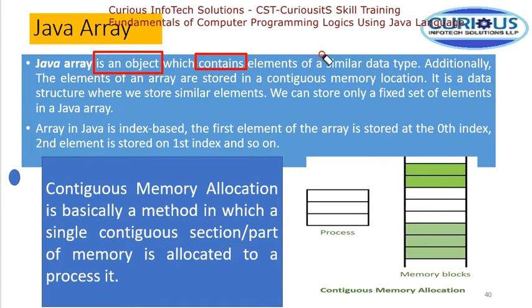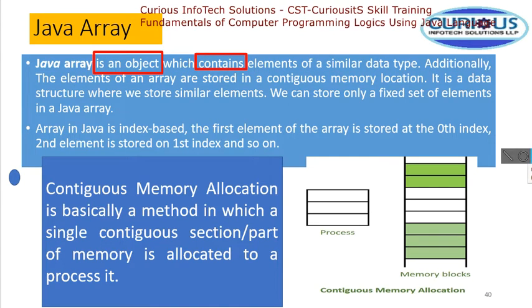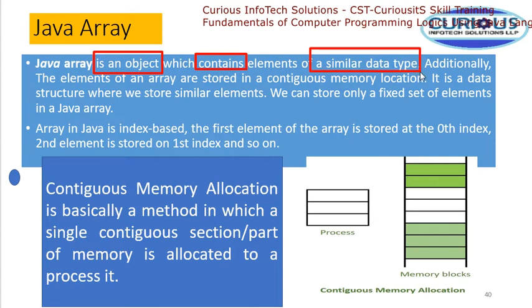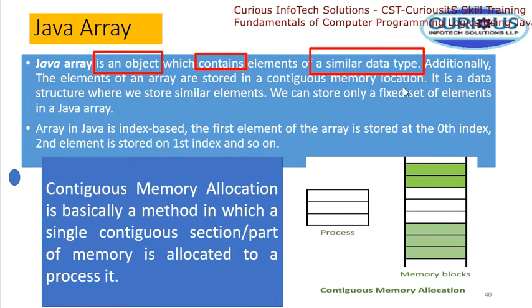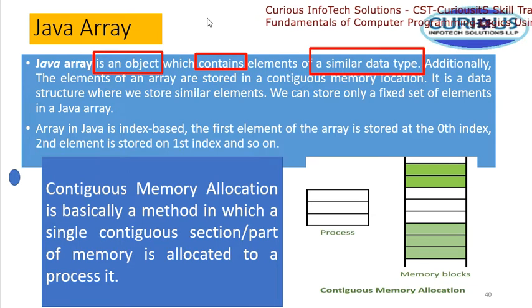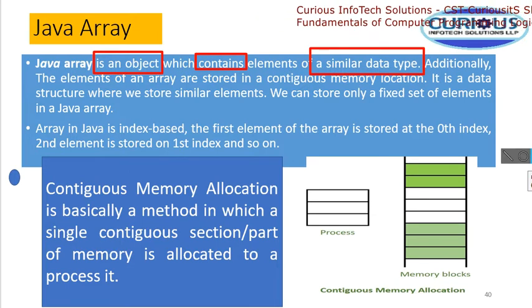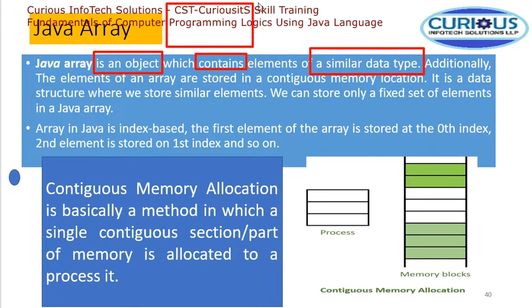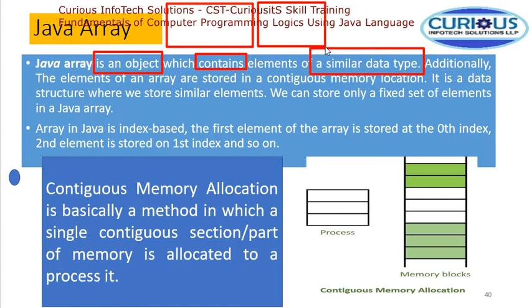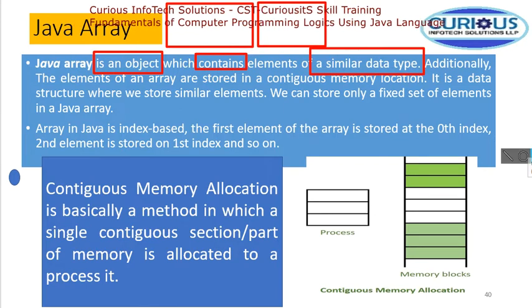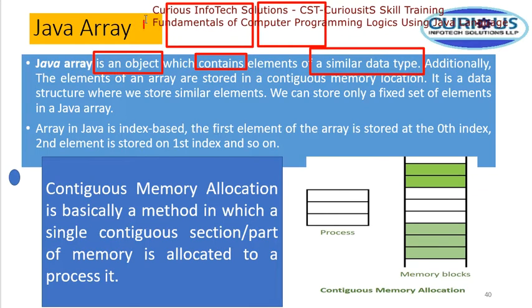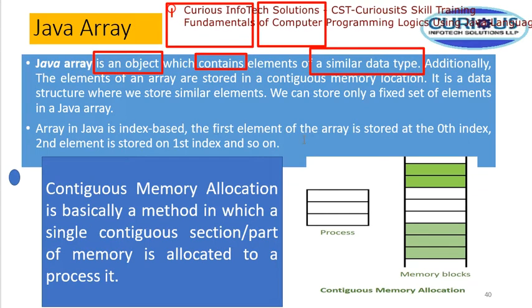Now here we can easily understand what is the sense of similar data type. Similar data type means, let us say we have a set. In this set I want to make a collection of similar data type.